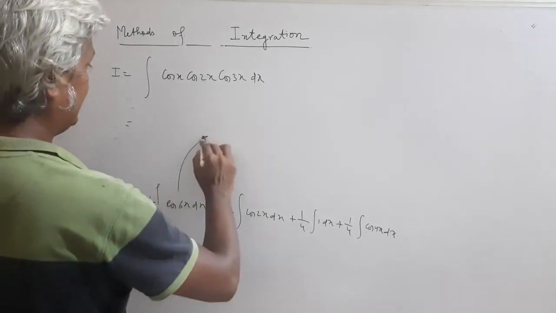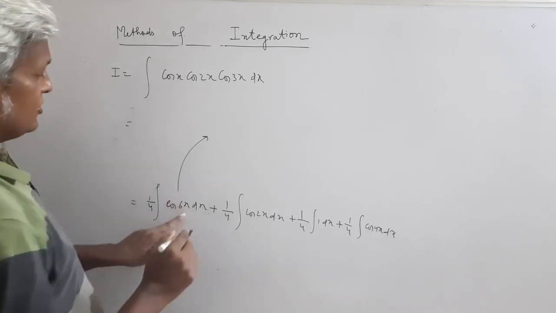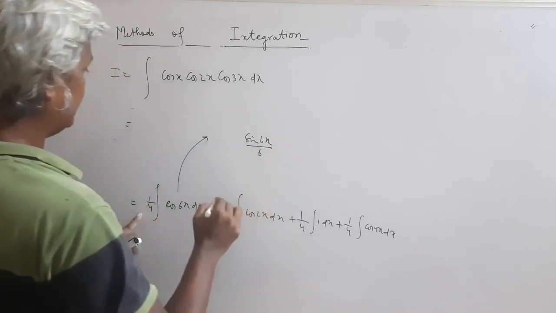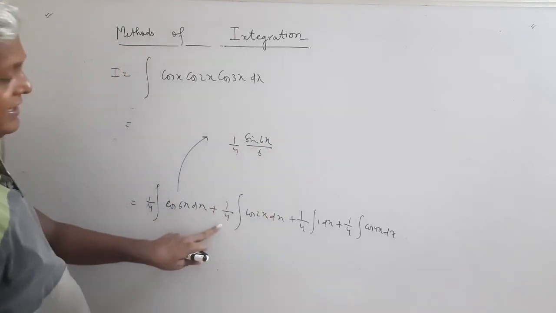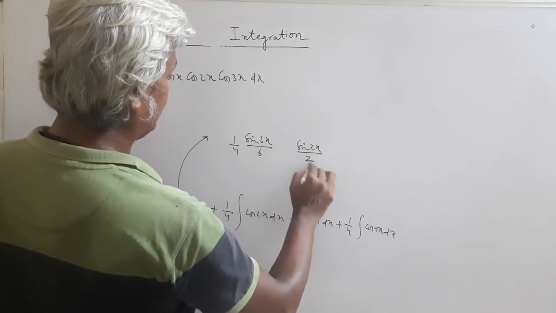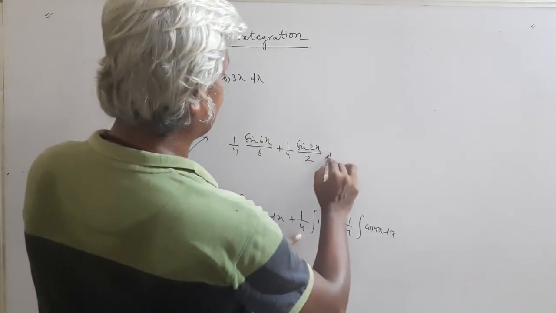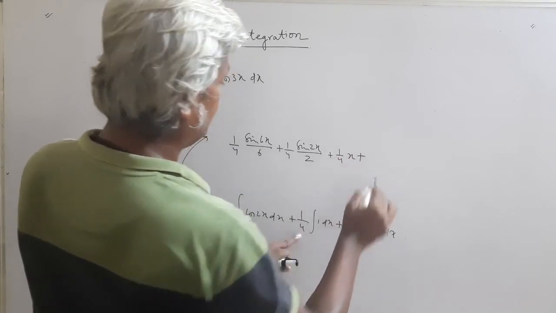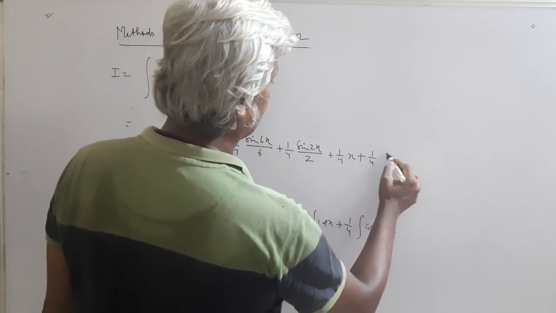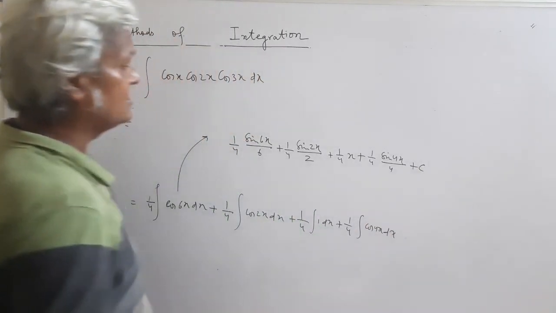So from here I directly write. 1 by 4 integration of cos 6x will become sin 6x over 6. Integration of cos 2x will be sin 2x by 2, with 1 by 4. Plus integration of 1 dx is x, so 1 by 4 x, plus integration of cos 4x is sin 4x over 4, with 1 by 4 already here, plus c, the constant of integration.